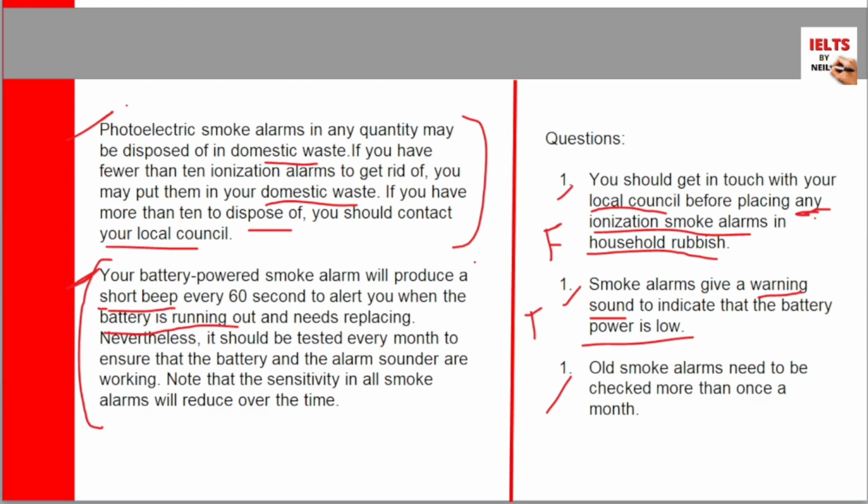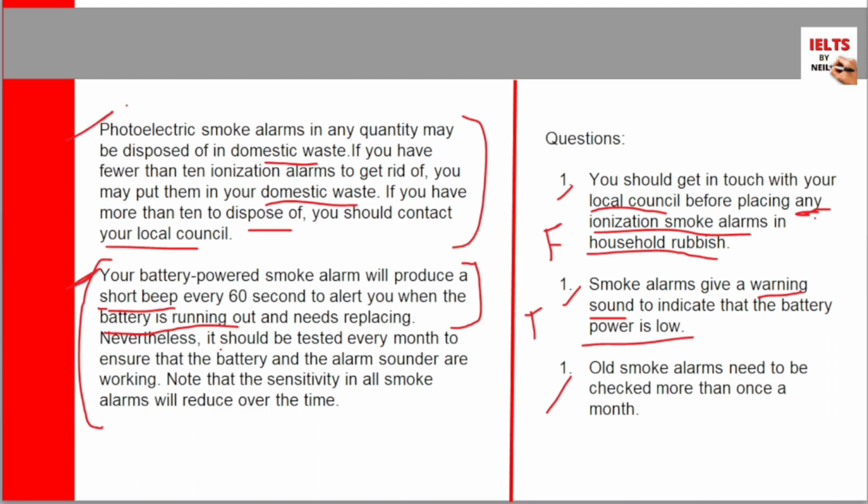Okay, so no checking of old smoke alarms, so we don't have to worry until here. Let's move on. Nevertheless, it should be tested every month to ensure that the battery and the alarm sounder are working. Note that the sensitivity in all smoke alarms will reduce over time.